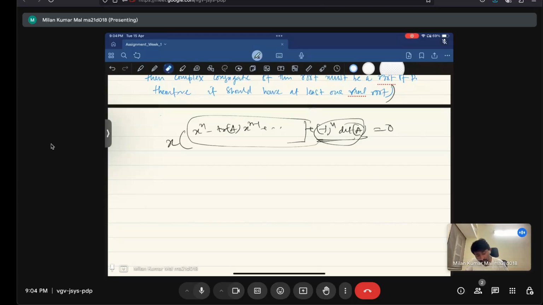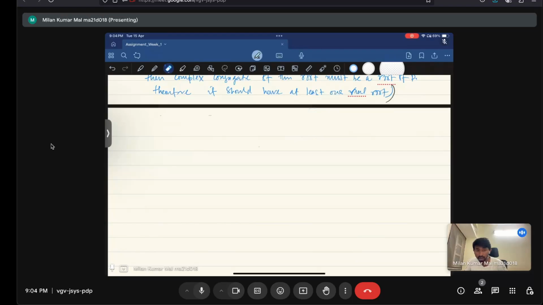Therefore x equals 0 is an eigenvalue, because it is a root of the characteristic polynomial. So there must exist a non-zero eigenvector corresponding to 0. Therefore this is also true.